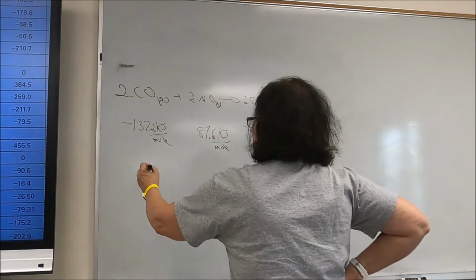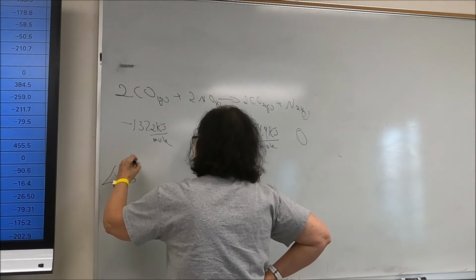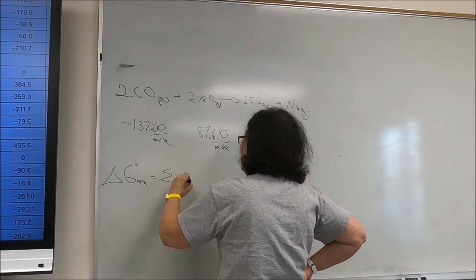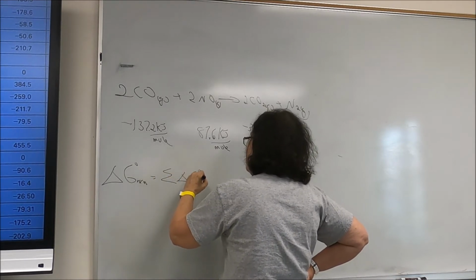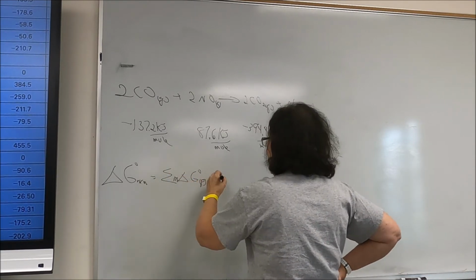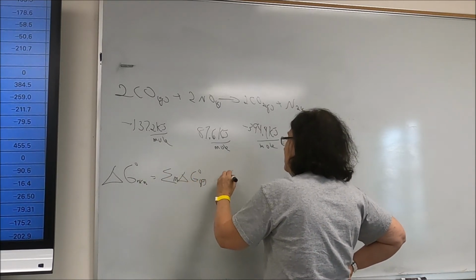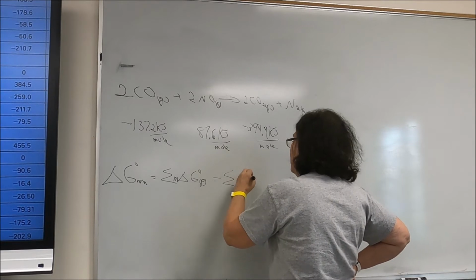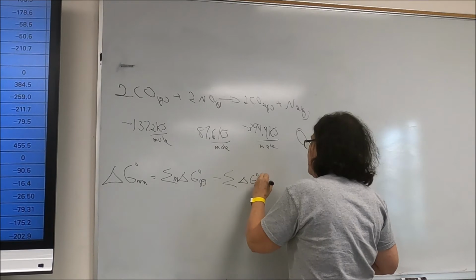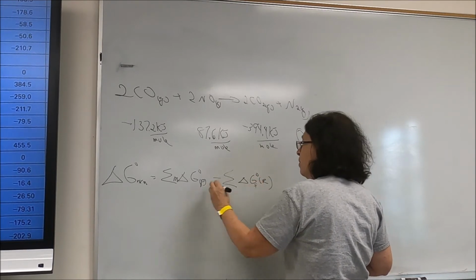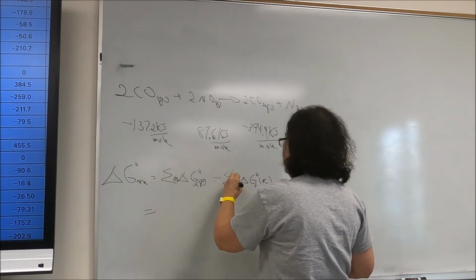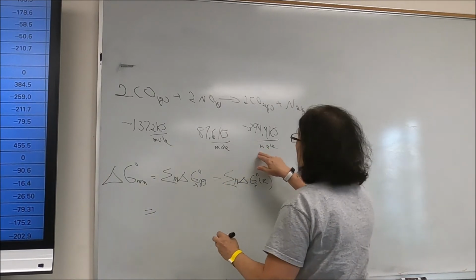Okay, so delta G0 for the reaction is going to be the sum of the delta G zeros of formation for the products times n, their coefficients, minus the sum of the delta G zeros of formation for the reactants. And there's an n there for the number. So I start with my products.